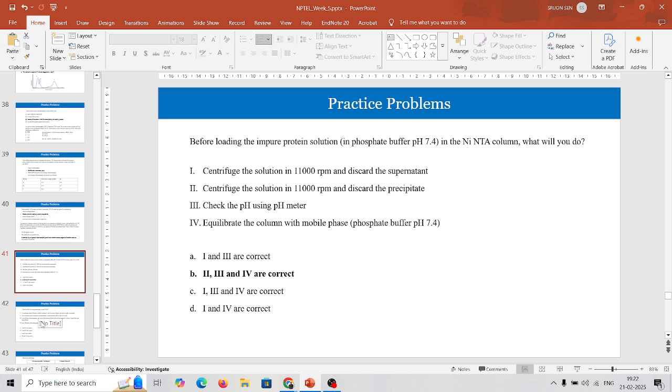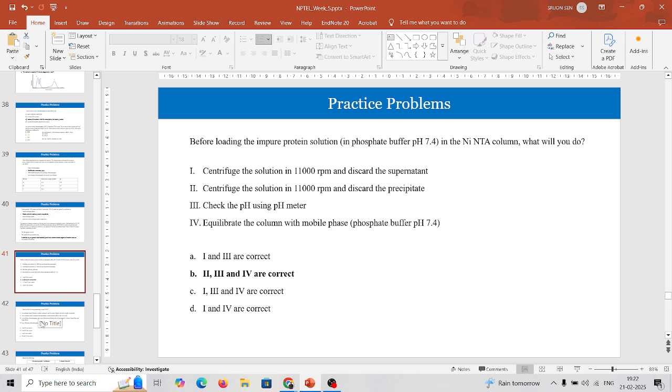So what we do is first load it onto the column. If we see that we are getting a good elution profile, that means the protein was there in the supernatant. Or we run a gel, we check whether it is in the supernatant or in the pellet, and then we go for the extraction. So as long as 1 and 2 are not both correct, either one has to be correct. And in a protein solution, as long as it is telling, therefore the precipitate can be discarded.